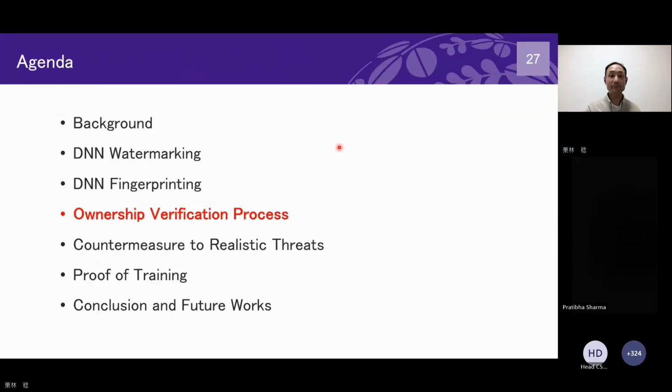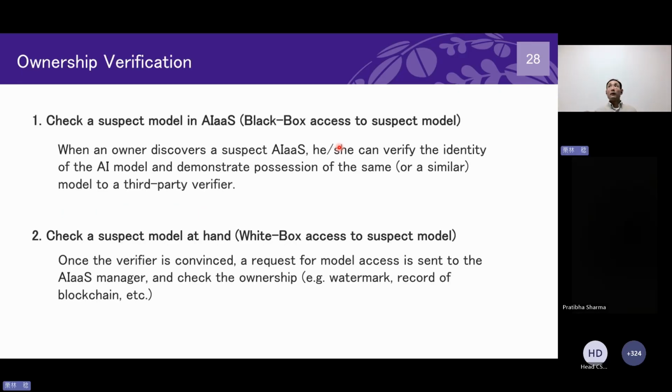Okay, now I move to the fourth topic, the ownership verification process. I have explained DNA watermarking and DNA fingerprinting. They enable an owner to claim that a model deployed in the cloud server is illegally copied from the owner's original model.